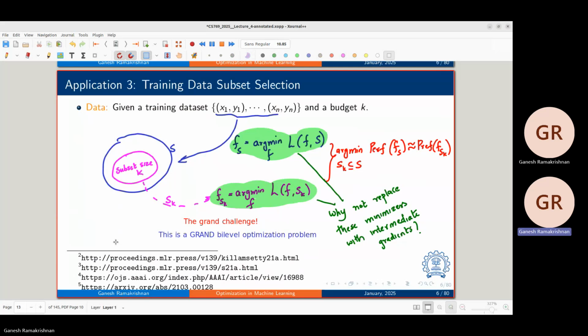Okay, I'm deliberately avoiding parameters, but when you say argmin of F over S, you're saying the function that minimizes the loss on the training data set with respect to the entire subset S. So S is a train set, complete train set.